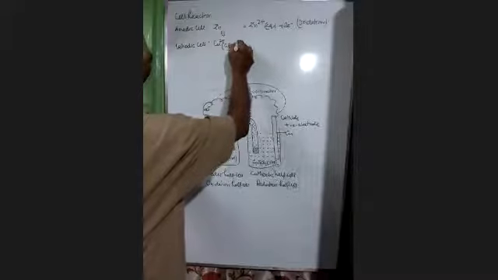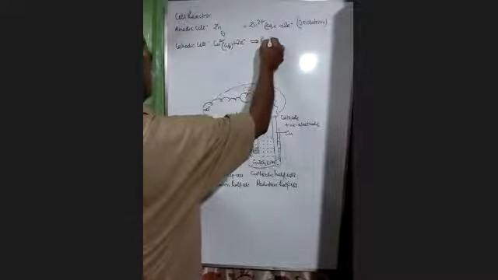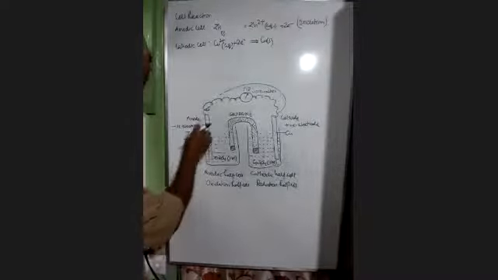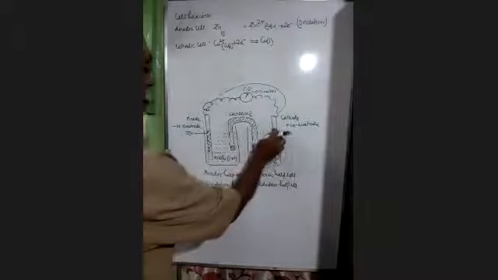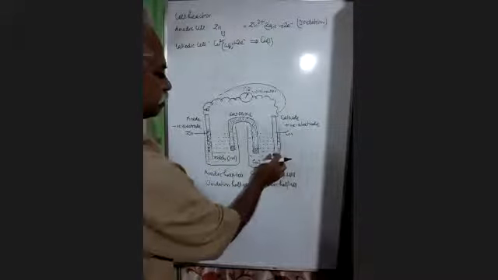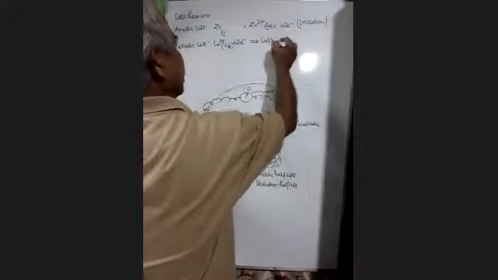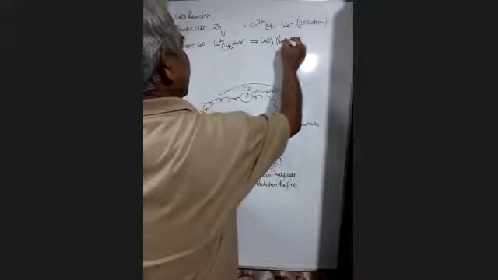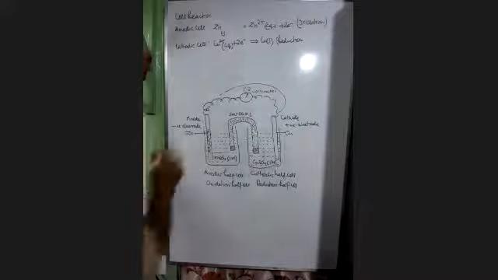The copper ion is going to take the electron and become solid copper. So what you are going to observe? Gradually you will find the thickness of the zinc rod is decreasing. And here, as the copper is depositing, the thickness of this copper electrode is increasing. So gain of electron is reduction.